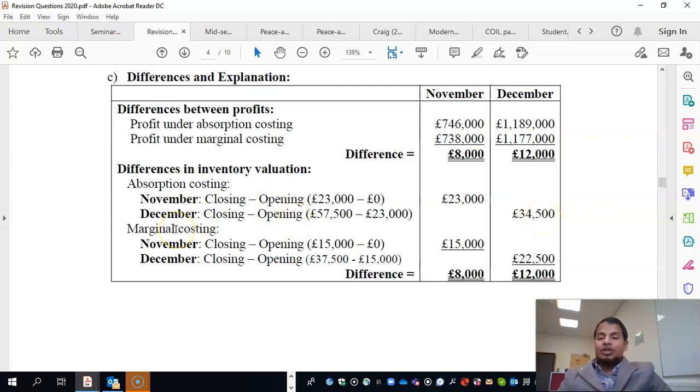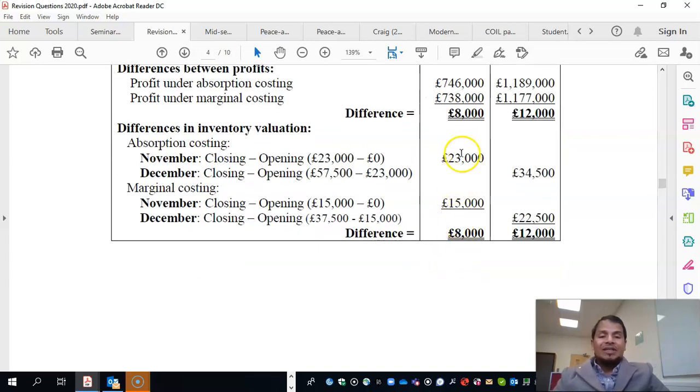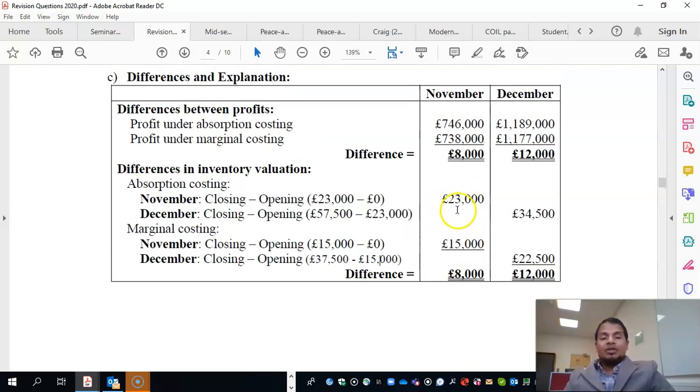And under marginal costing, in November, closing minus opening is 15,000, and in December, closing minus opening is 22,500. So the differences between inventory valuation: 23,000 minus 15,000 is 8,000, and 34,500 minus 22,500 is 12,000.